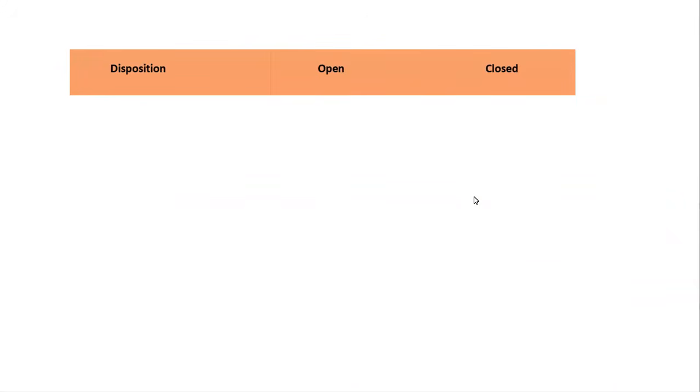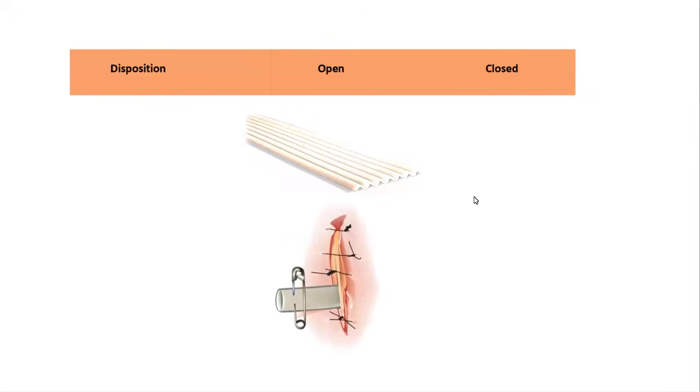According to the position or disposition, either open or closed. Open, like this corrugated rubber drain, it is open and corrugated and it drains fluid onto a gauze pad or into a stoma bag, and these increase the infection rate.